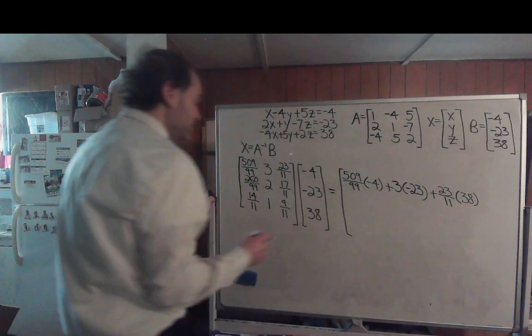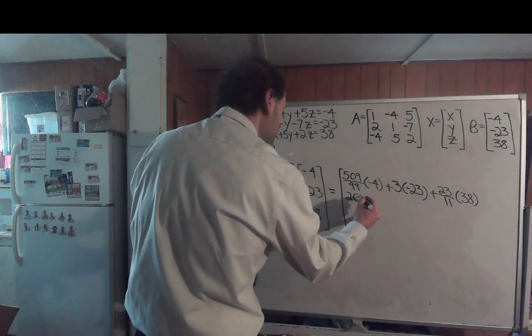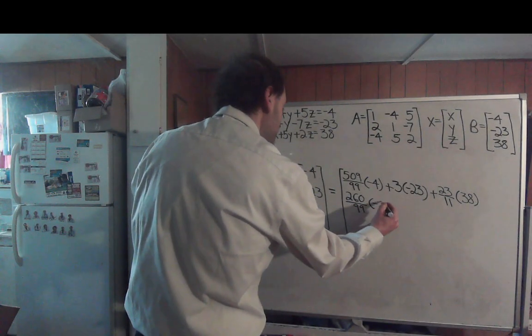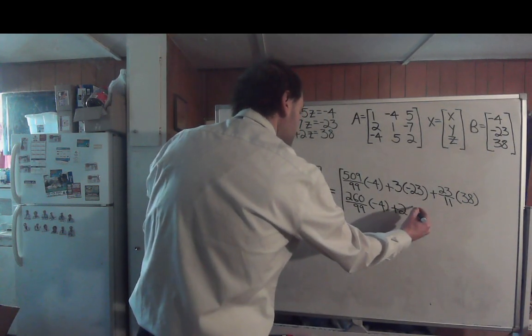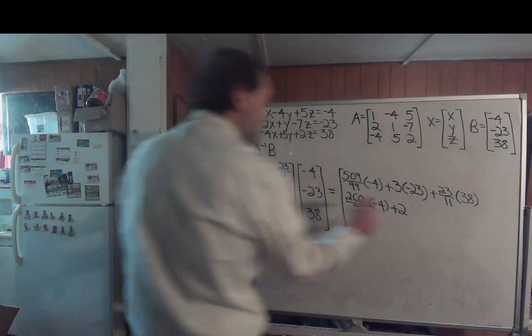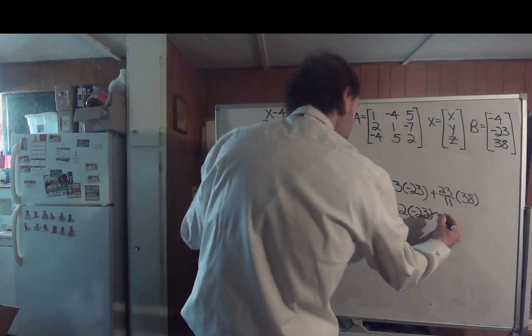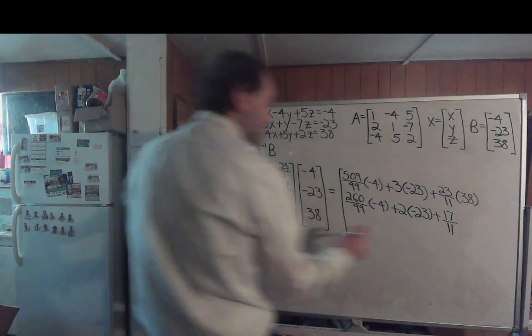That's all your first row. Your second row, you'll get 260/99 times -4 plus 2 times -23 plus 17/11 times 38.